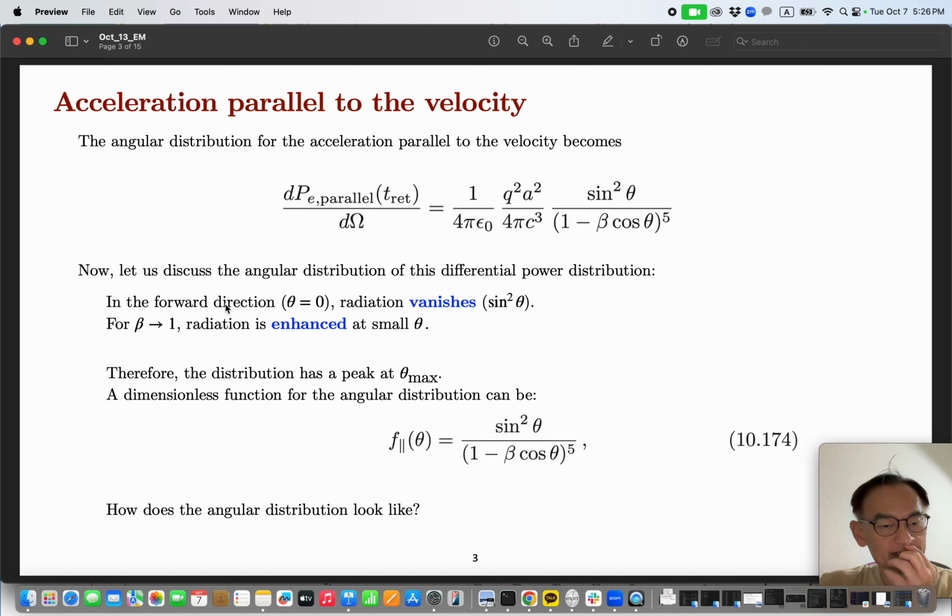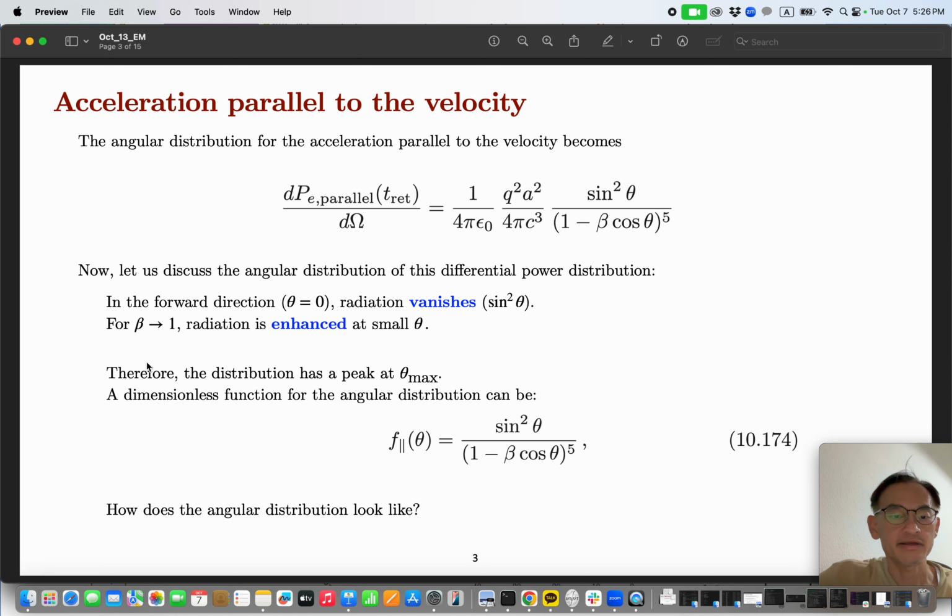On the other hand, when beta is equal to 1, you can see that when cosine theta approaches 1, this 1 minus beta cosine theta becomes a very small number, but it is in the denominator. So overall power becomes enhanced at small theta. That's what's been discussed here.